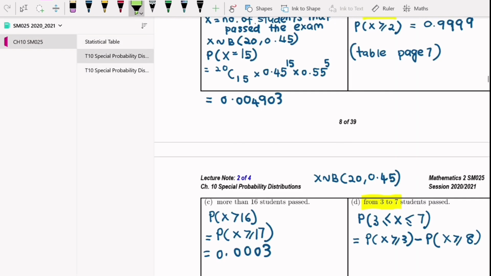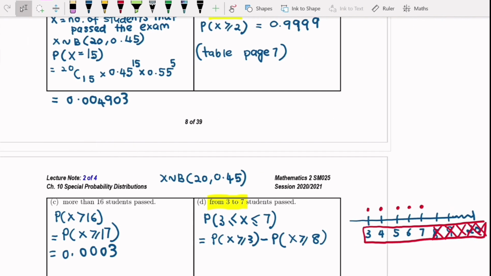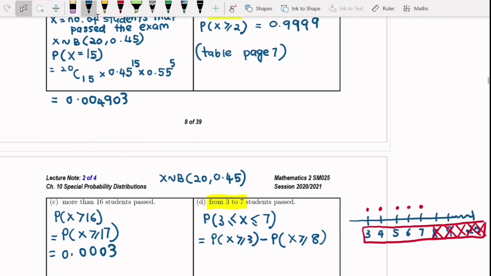Always remember, the binomial table only gives greater than or equal values. So from the table, page 7, probability x greater than or equal to 3 is 0.9991. Probability x greater than or equal to 8 is 0.7480. So the final answer is 0.2511.